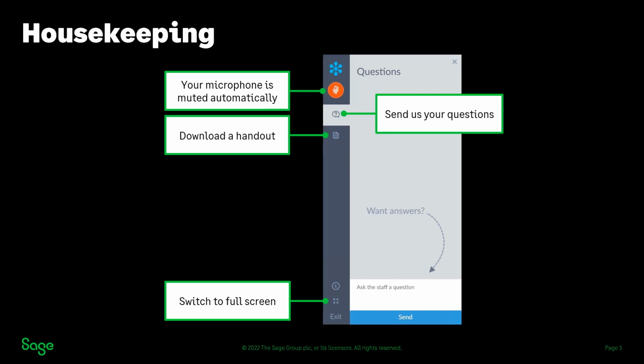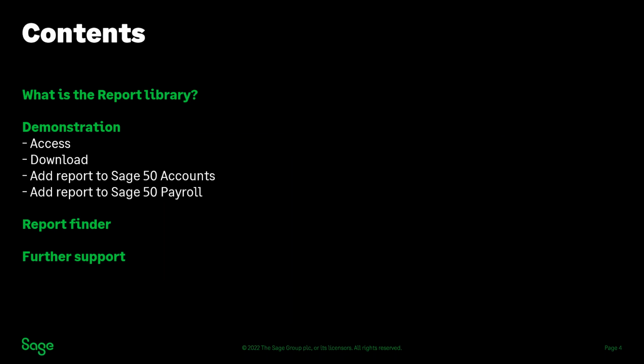Let's have a look at what we're going to be covering in this session. A little bit of background as to what the additional reports library actually is. We're not looking at designing reports in this session. We're looking at the additional reports available to you in addition to the standard reports. If you want more advice on report design, you'll find it in the Help Center, and our support team is on hand to assist as well.